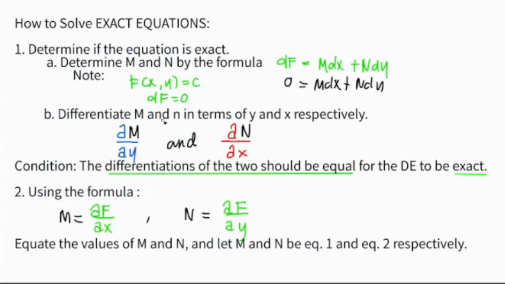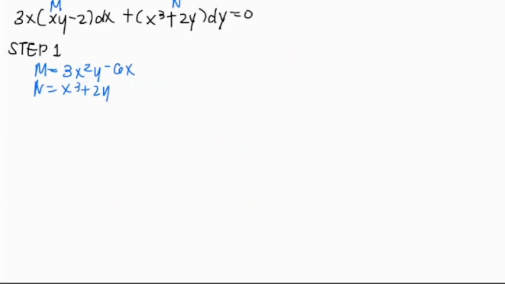Next naman is differentiate M and N in terms of y and x respectively. So, ibig sabihin, differentiate natin yung M in terms of y and yung N in terms of x. So, differentiate M in terms of y. So, d over dy, ito yung M, di ba? Differentiate natin to.